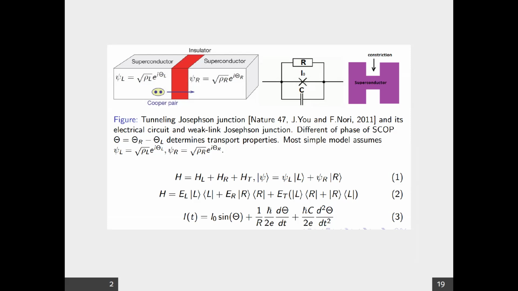So there is a phase imprint on this system, and this phase imprint comes from the Aharonov-Bohm effect, by the presence of a vector potential, essentially.